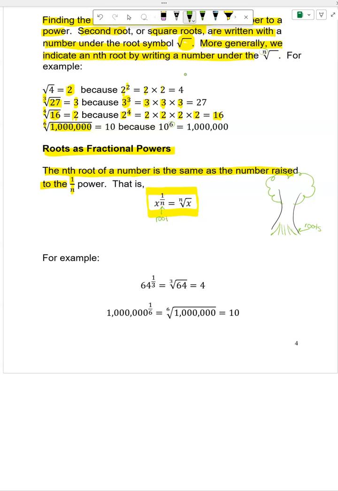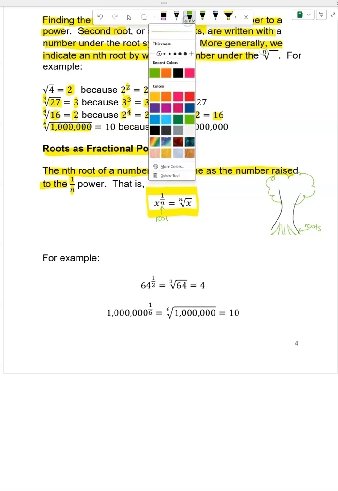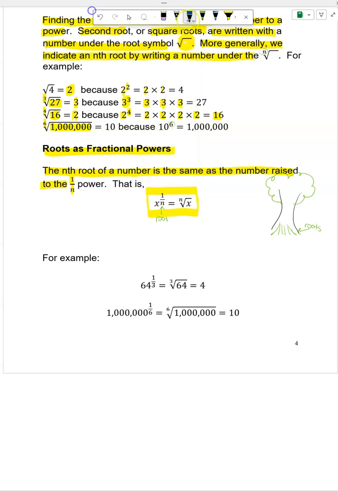That's how I remembered it, like in a real world situation. And then here's going to be my power pole. If we have a power pole, the power lines run up here on the top, right? So these are my power lines in the real world, and our power goes on top. So that's how I remembered it in the real world scenario. That helped me in my math scenario.